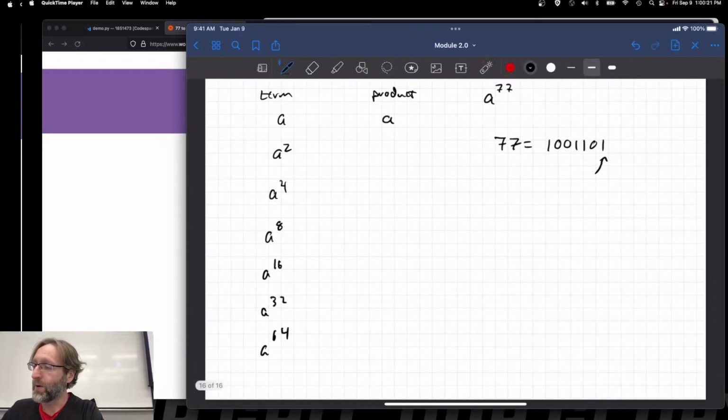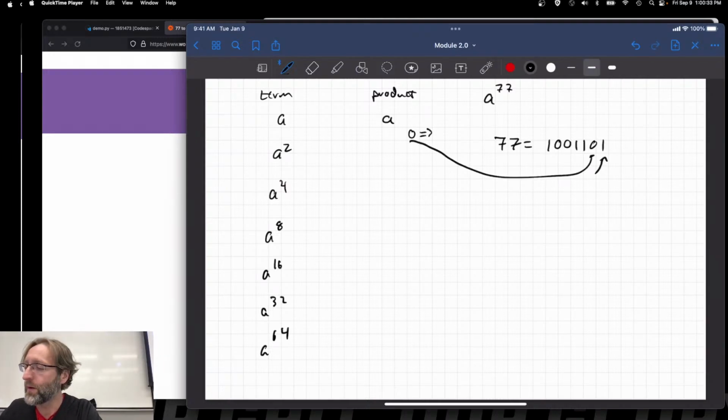Now I compute the term by just simply squaring, but each one of these I look at the bit. The bit is 0 here. So do I do anything? 0, nothing. And it remains A. The next one is 1. And so I say A times the term, which is A to the 4th.